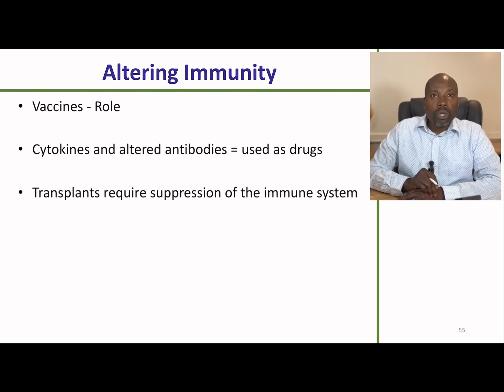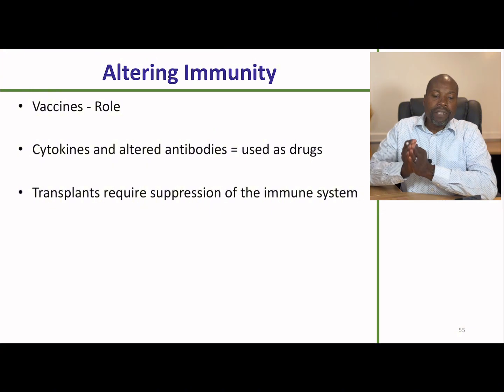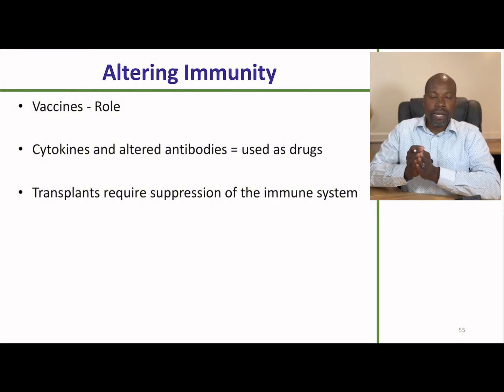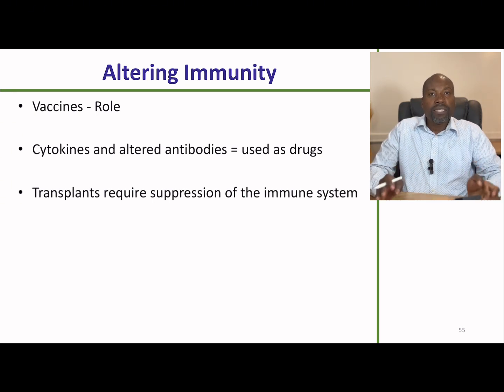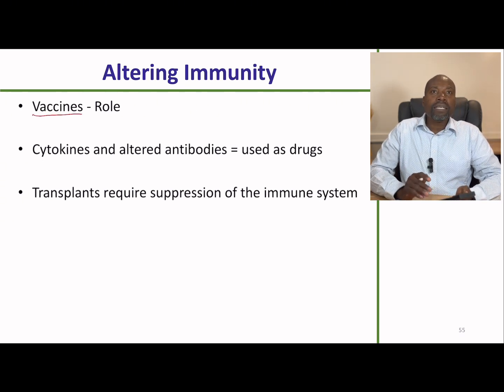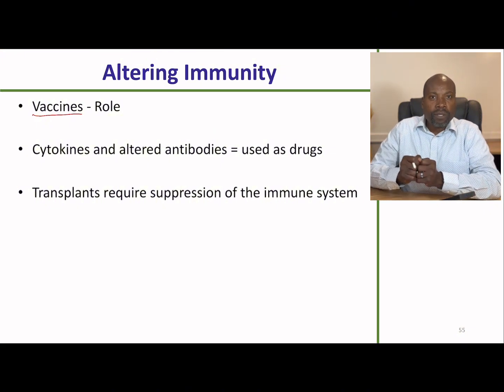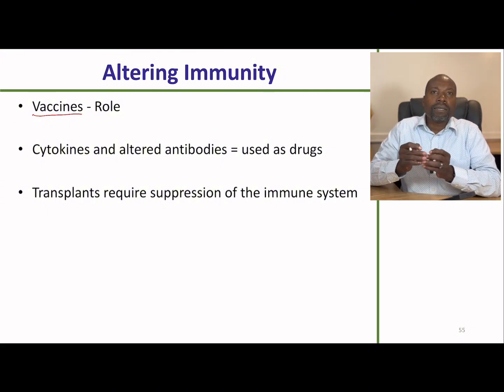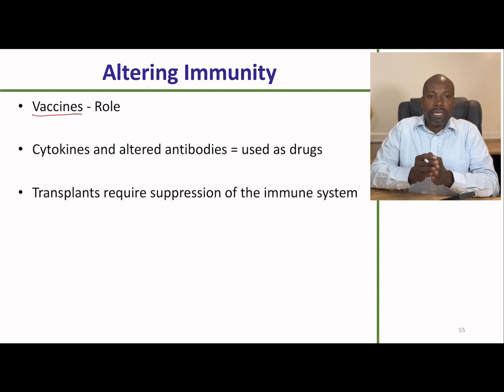All right, so now let's dive into how we can alter immunity. There are many approaches that we can use these days to alter immunity. This includes, for instance, vaccines. Vaccines are typically used to teach our body foreign particles.